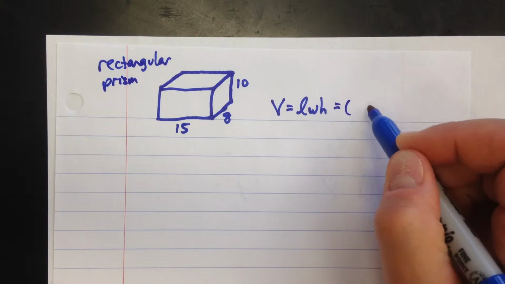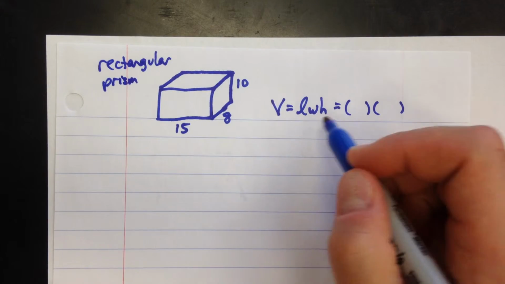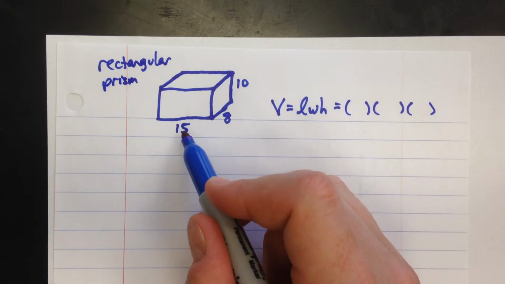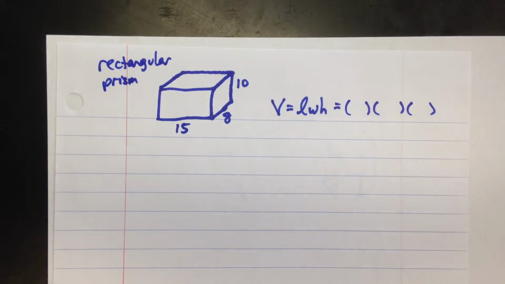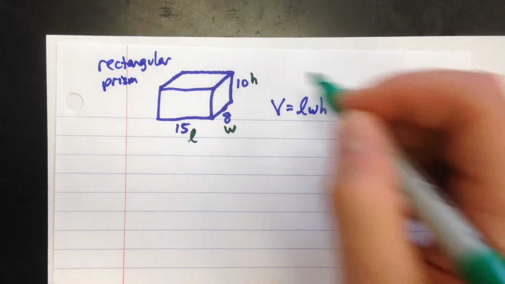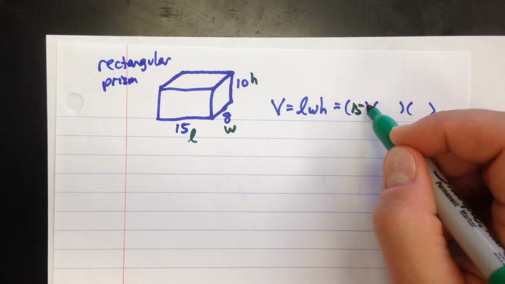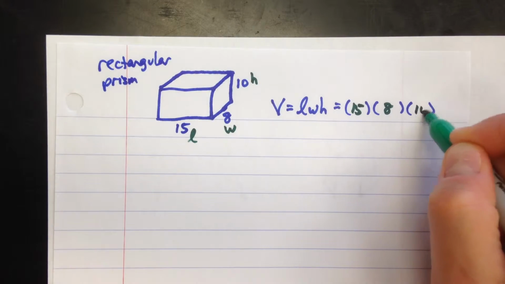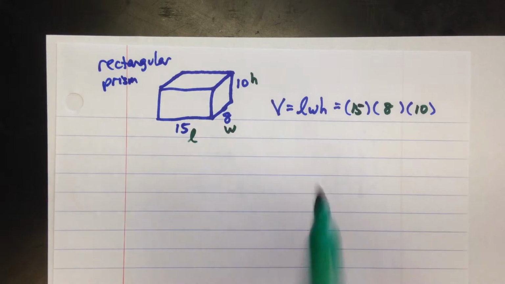Now this is nice because the length, the width, and the height, in this case, we've got 15, there's your L. Okay, so there's length, there's width, there's height. It really does not matter which one is which because you're going to multiply them all anyway.